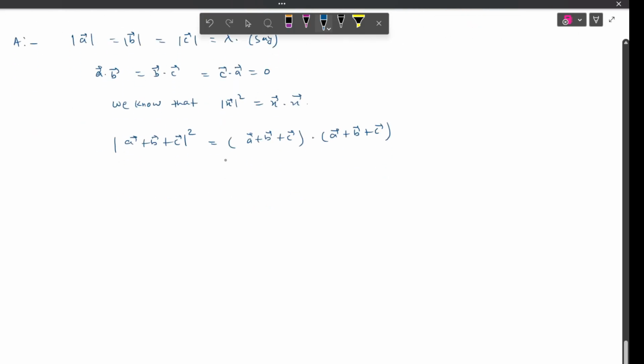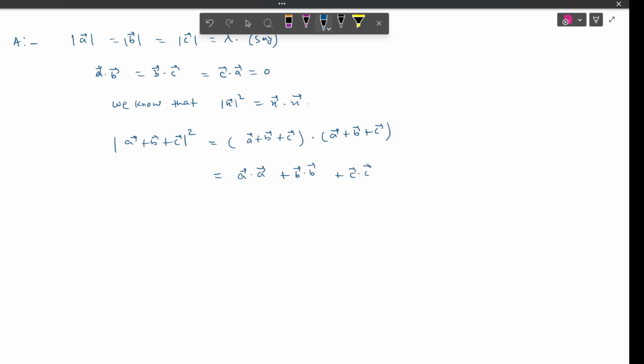Okay, now let us multiply this. It will be a dot a plus b dot b plus c dot c plus 2ab plus 2bc plus 2ca. A dot a is modulus of a square, b dot b is modulus of b square, and c dot c is modulus of c square.